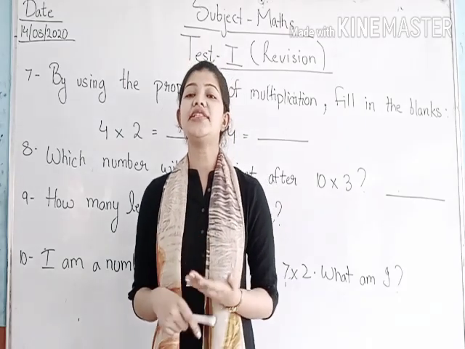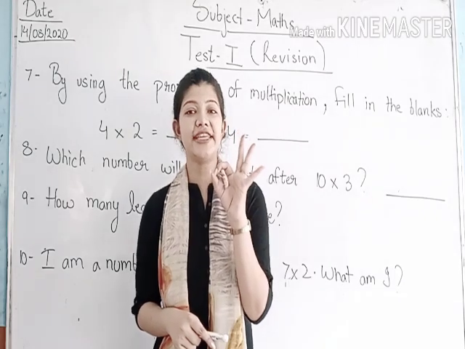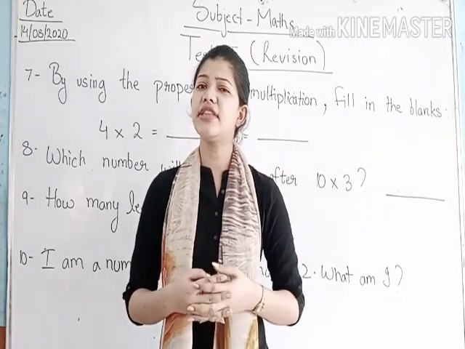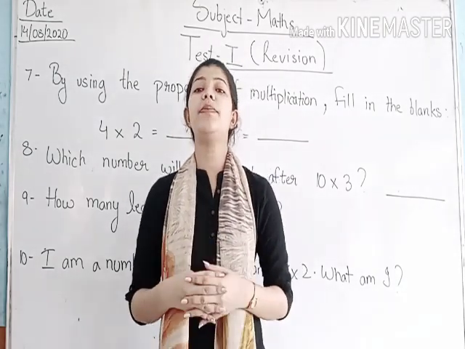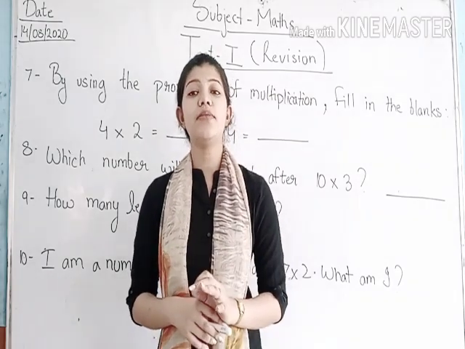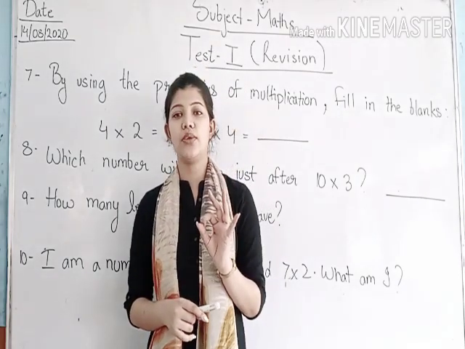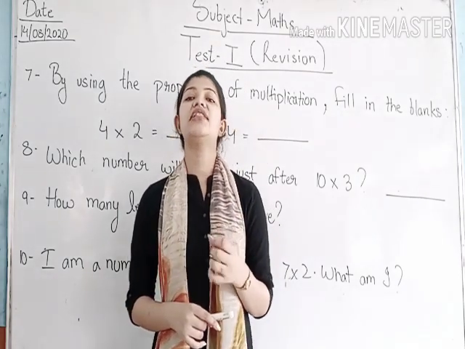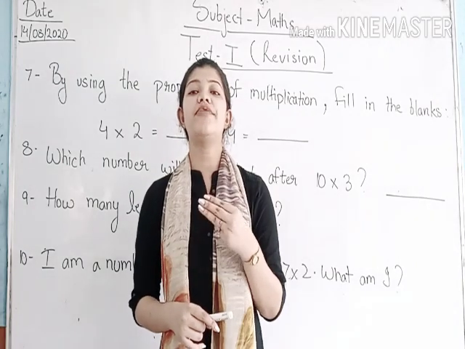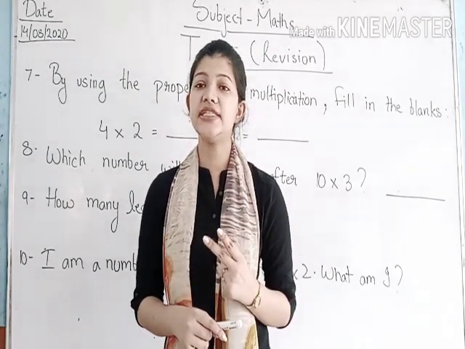Now the third property, the multiplicative property of 0. This property tells us that if we multiply any number by 0, the answer will be 0. These are the 3 properties which we have learned in these 2 chapters, isn't it?